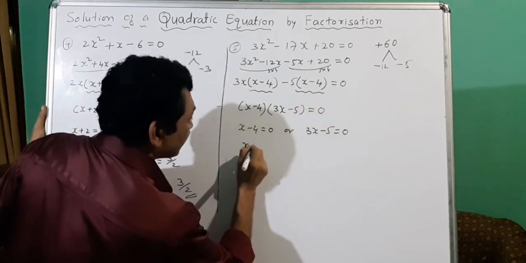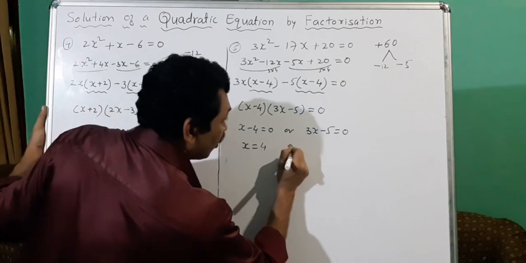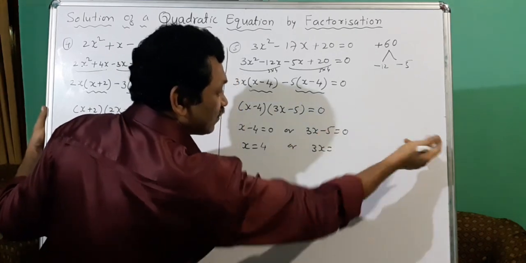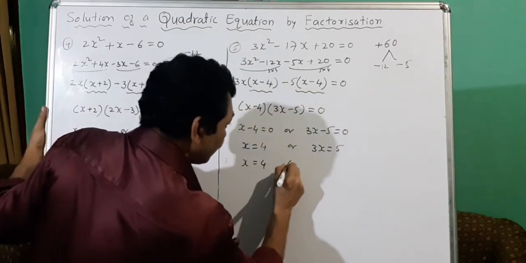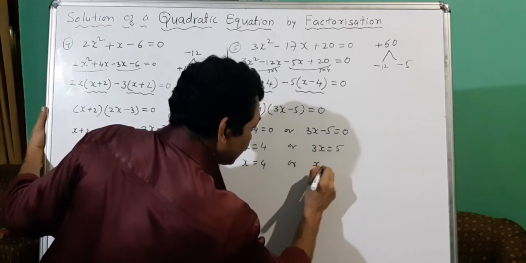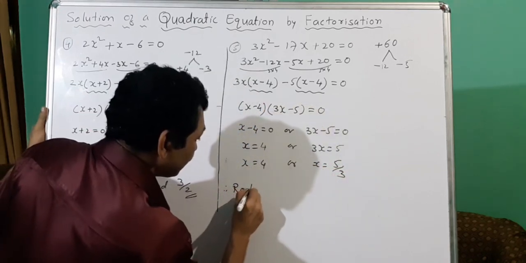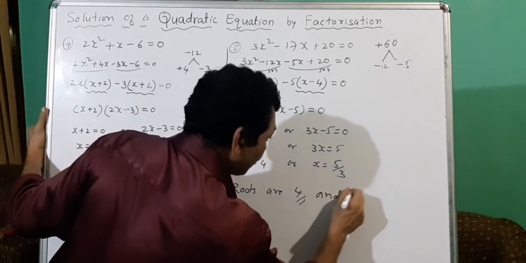And therefore x is equal to, this minus 4 goes to the other side, it becomes 0 plus 4 is 4, or here 3x is equal to 0 minus 5, which goes as plus 5, 0 plus 5 is 5. Therefore x is equal to 4, or x is equal to 5 upon 3, and therefore the roots are 4 and 5 upon 3.